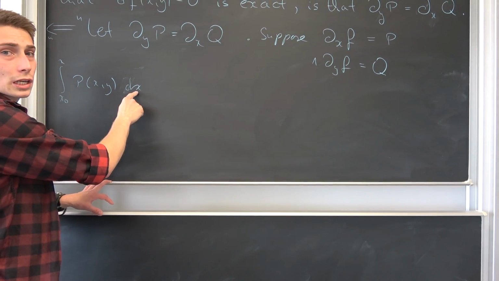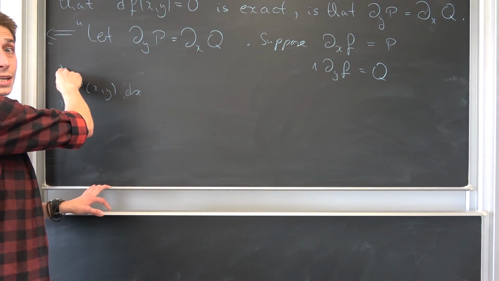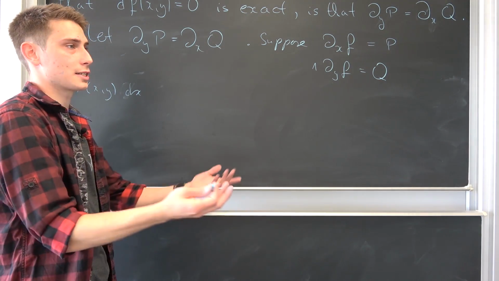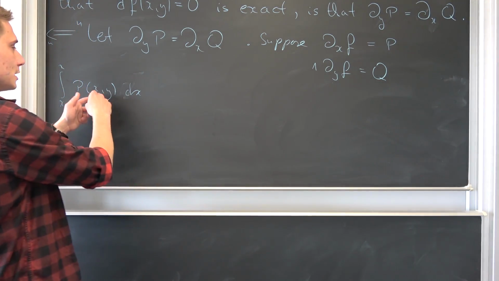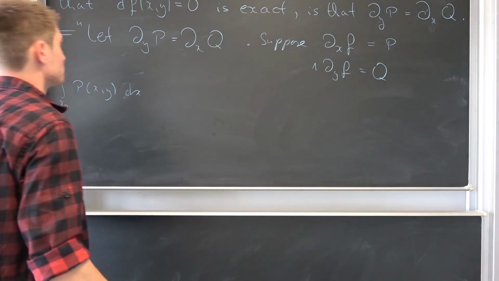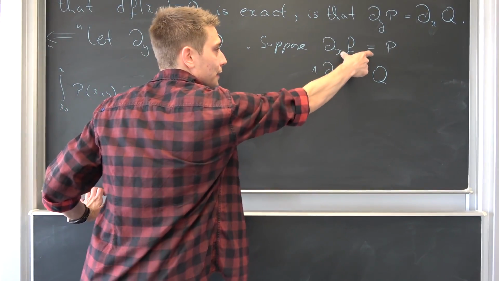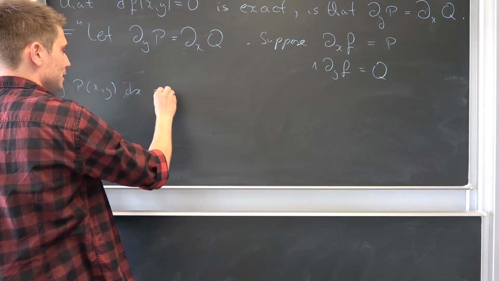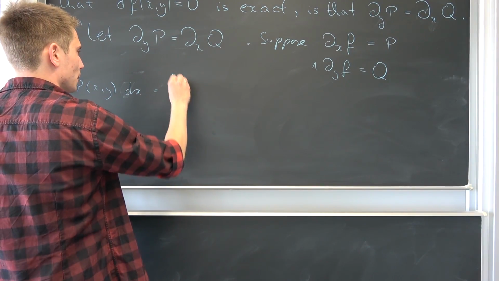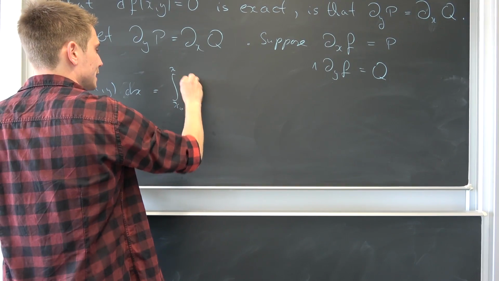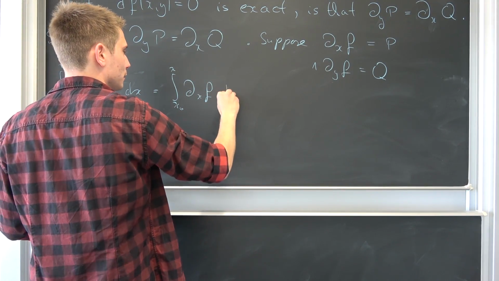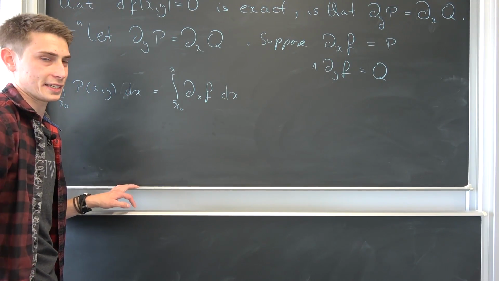If you don't like that an x is right here and up there in the upper bound, just use a t in here. It really doesn't quite matter what you use at this point. What exactly is that? Well, we are supposing that this is nothing but the integral from x0 to x of our del x of f with respect to x.